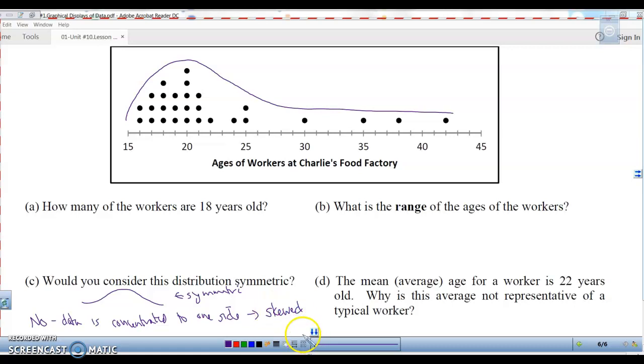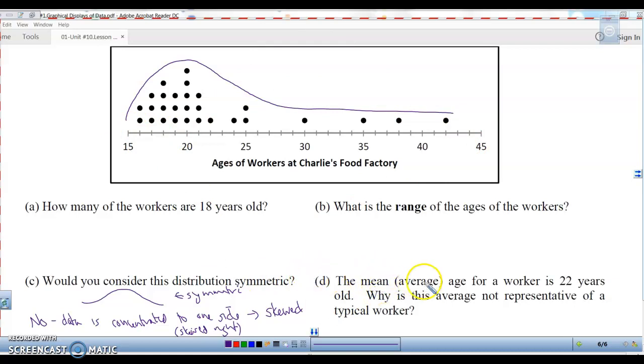This is called skewed to the right because you look for the tail. When your data is clustered to the left or to the right, making a bump with the tail coming out, that is called skewed. If it came up in the middle and then came back down evenly, then that would be symmetric.